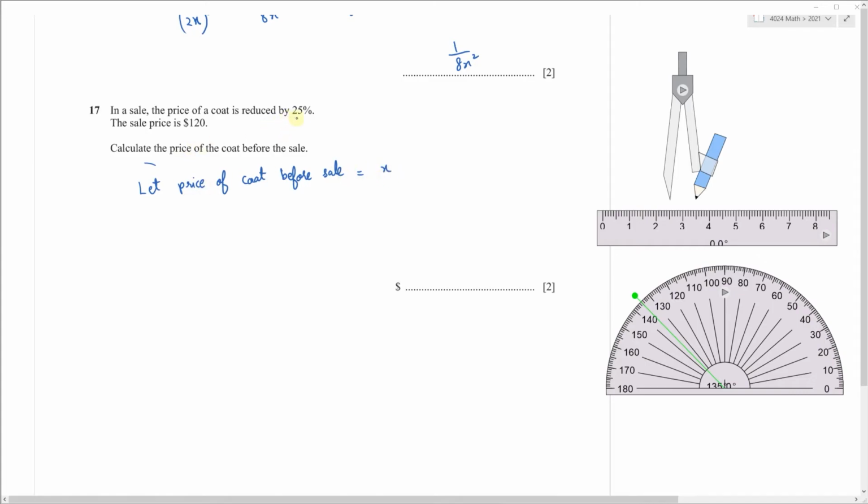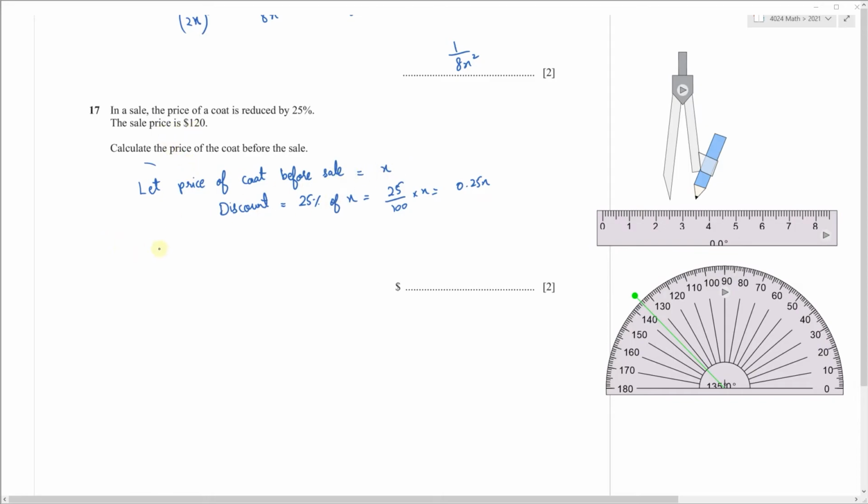So the cost is reduced by 25%. So let's calculate the discount, which is 25% of the original price before the sale, which was X. So this will become 25 over 100 multiplied by X, which is 0.25x. So the discount is 0.25x, and the final sale price is $120.